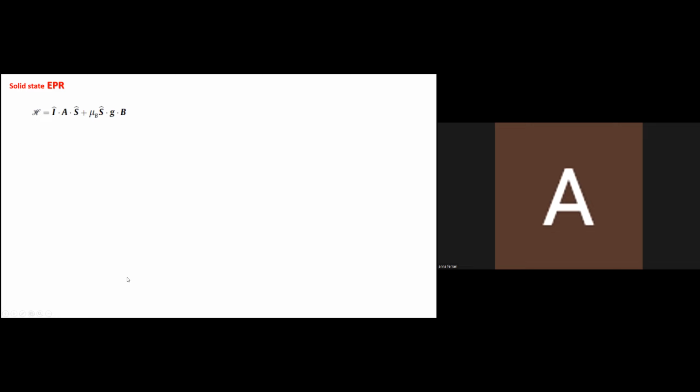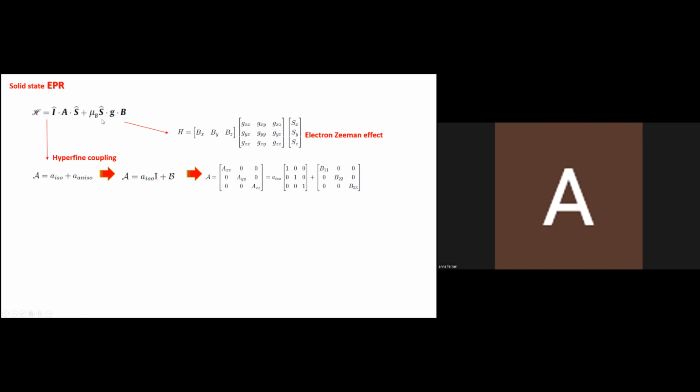species. Now, some recap about EPR, electron paramagnetic resonance spectroscopy. The basis is a phenomenological spin Hamiltonian. There are two components. The first one is the coupling between S, the electronic spin, and the magnetic field. It is called the electron Zeeman effect, and it causes the energy levels to be split by the magnetic field.